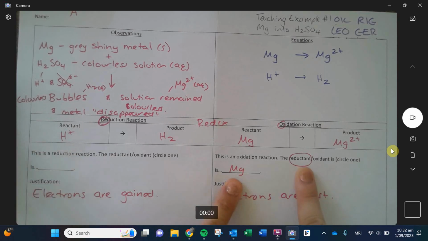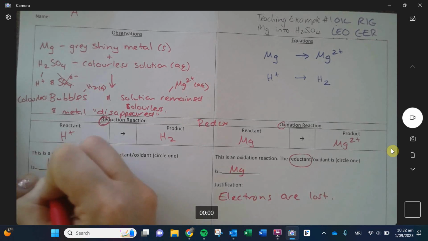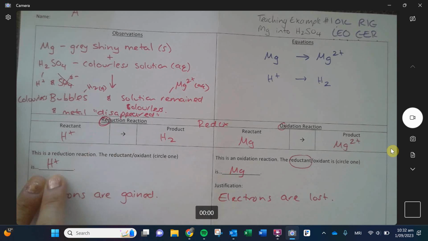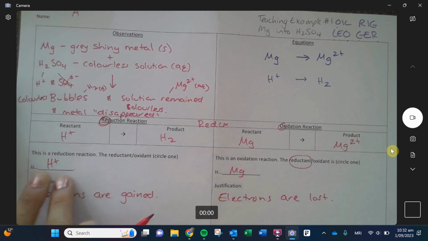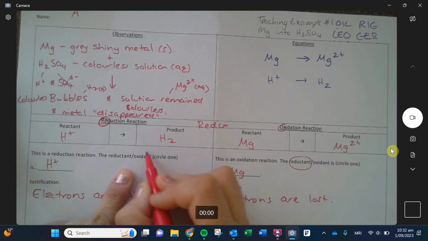Thus, we call it the reductant. It's a little bit counterintuitive. That's how they decided to do the vocab. Over here on this side, I would copy the hydrogen ion down. The hydrogen ion is involved in the reduction reaction. This guy is going to be the electron acceptor. So it is going to be able to oxidize the magnesium. So we call this one the oxidant.